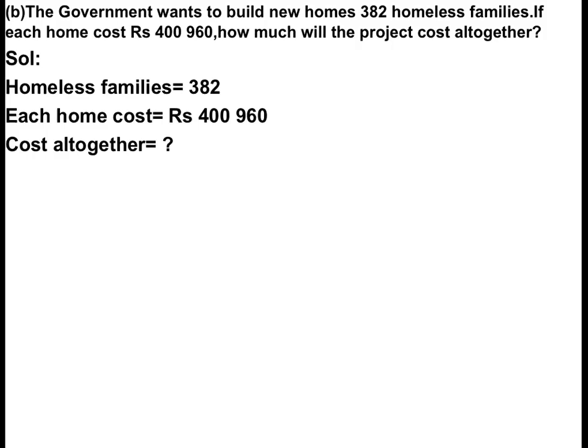So student, very easy. Each student must read the statement at least 3 times for better understanding. Okay, first we will write solution, then student must write short statement. And for the short statement, first we will again read the statement.